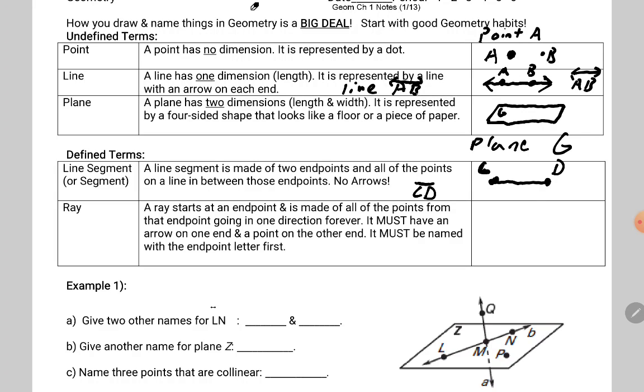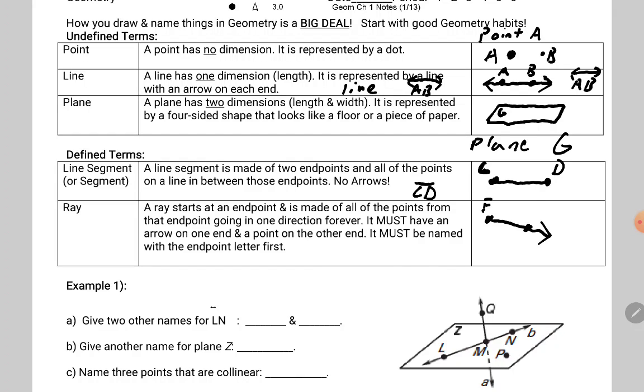Once again, line AB has the arrowhead line above it. CD has a segment. A ray has a start point. They call it an endpoint, but I like to think of it as a start point, and it goes on in one direction forever and ever.